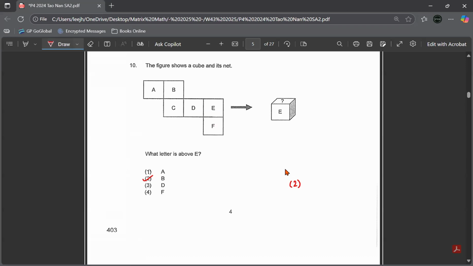So if this is the front, this is letter E. So this is the left, right? You flip, this is left, this will be the top. Wait, I think I did it wrongly.